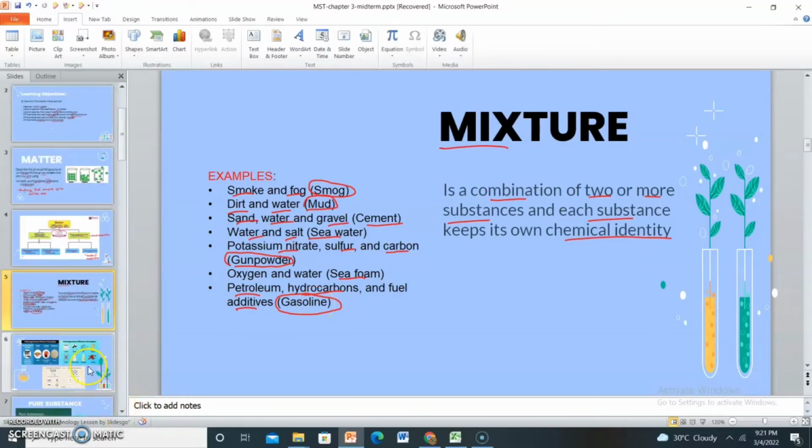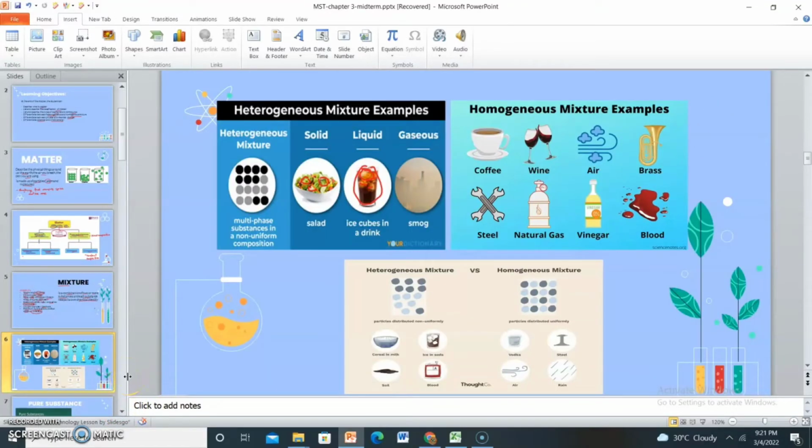The next one, under the mixture, is heterogeneous mixture and homogeneous mixture. Heterogeneous mixture is a multi-phase substance of non-uniform composition. For example, salad.